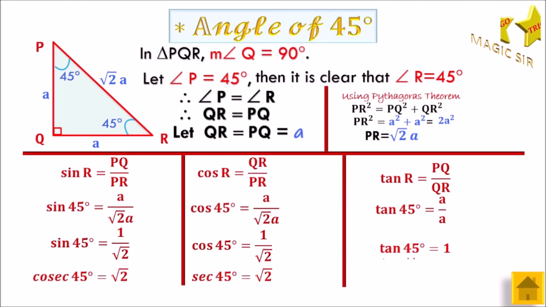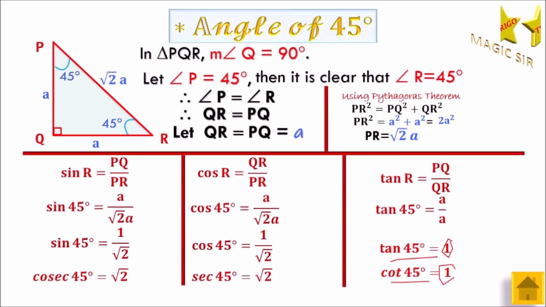But we know that tan theta is the reciprocal of cot theta and cot theta is the reciprocal of tan theta. So, cot 45 degree is the reciprocal of tan 45 degree and we know that reciprocal of 1 is 1 itself. So, cot 45 degree is equal to 1.